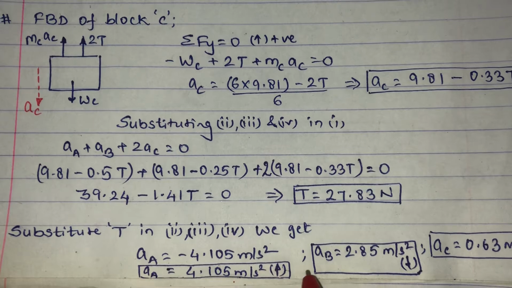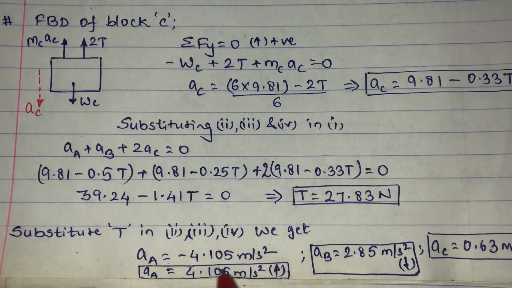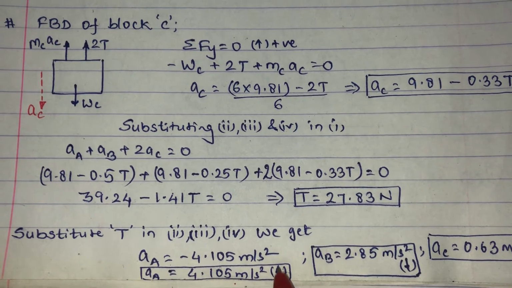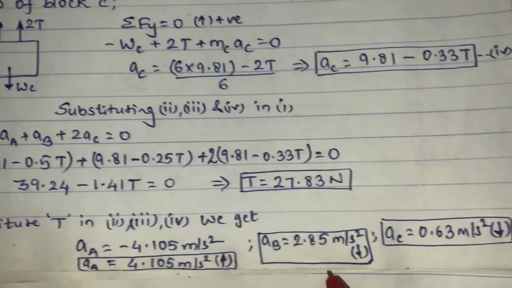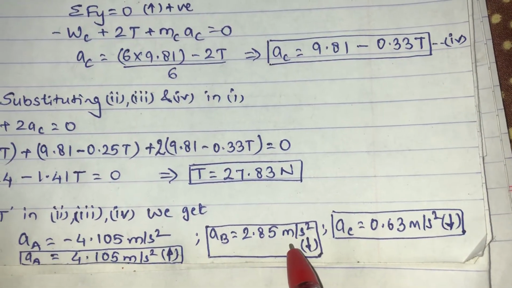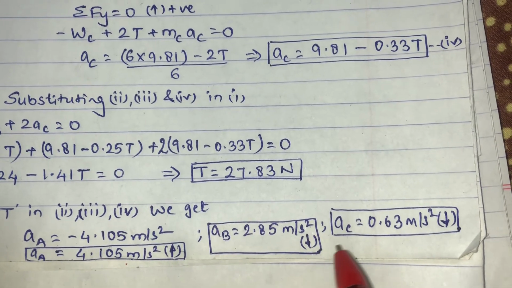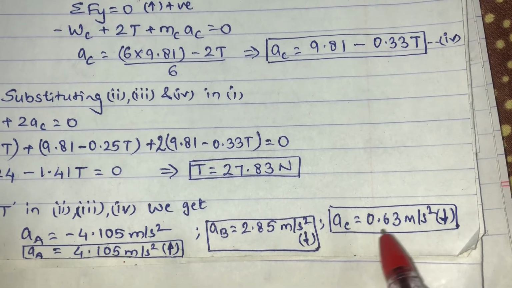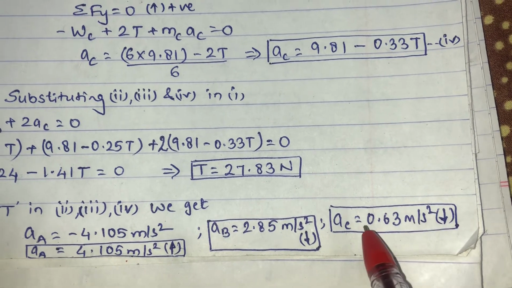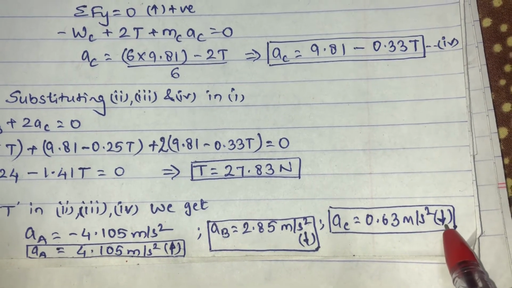As we considered AA, AB, AC downward, a negative value means it is acting upward. AB I got is 2.85 meter per second square, and as it is positive, it is downward. AC I got is 0.63 meter per second square, and as it is positive again, it is downward.